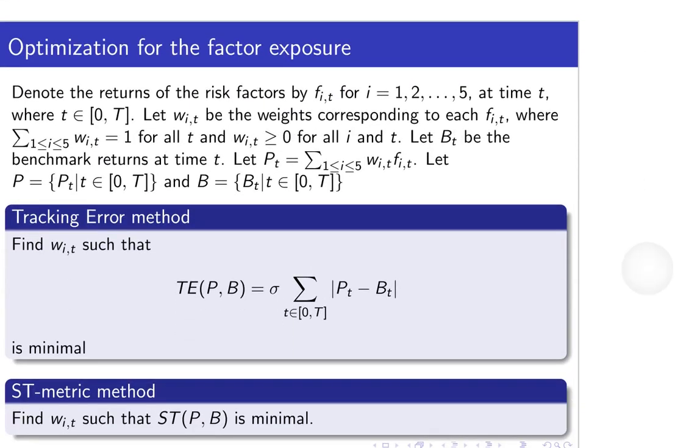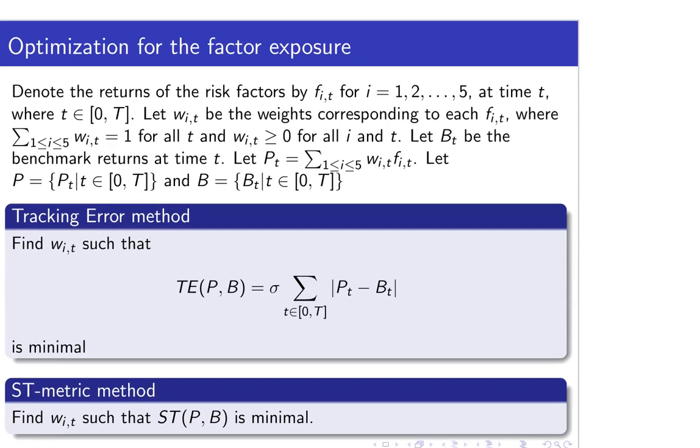We introduced the method with Tony Hall and Nadima El Hassan, using the ST metric rather than the tracking error method. Here we have risk factors. We have only 5 risk factors, but it depends on the time, and the W's are the weights corresponding to each factor.